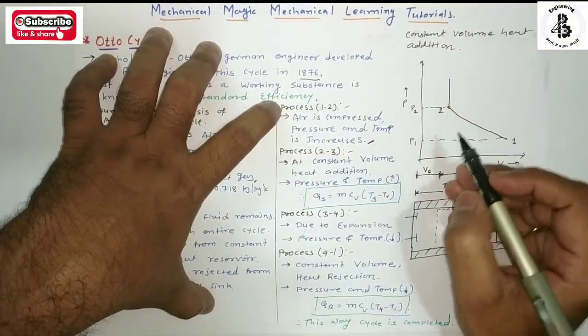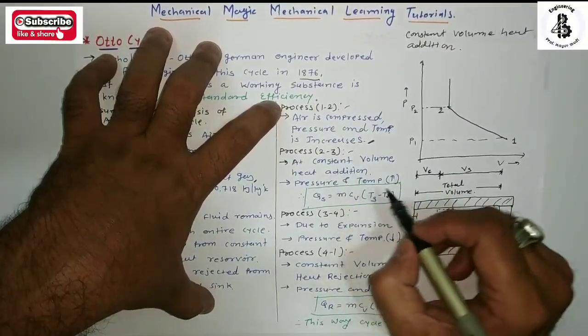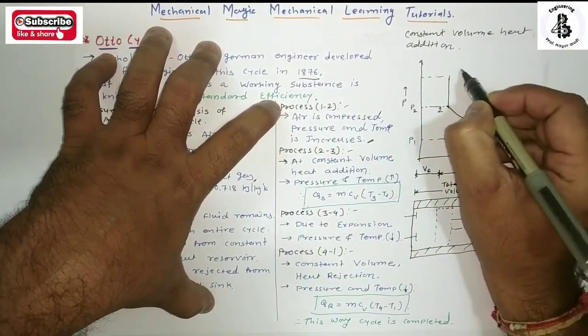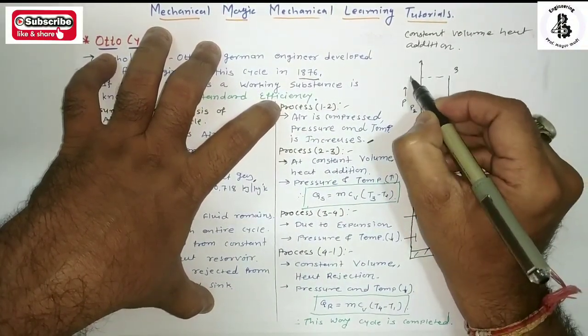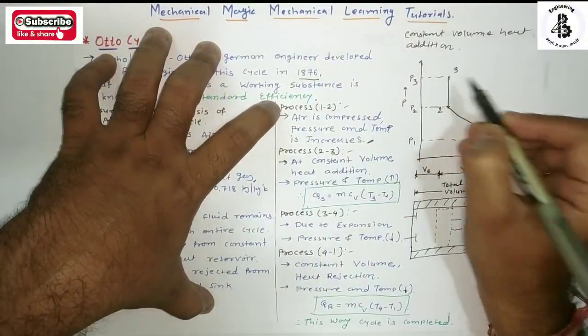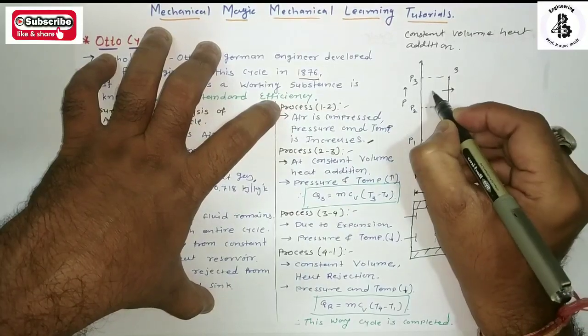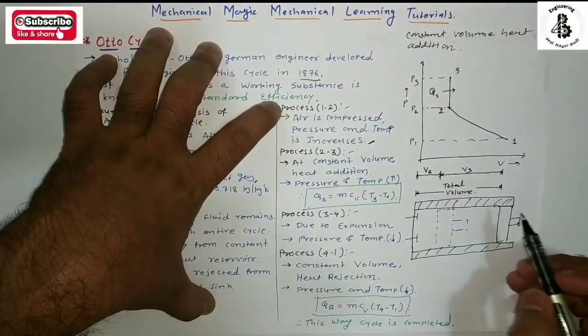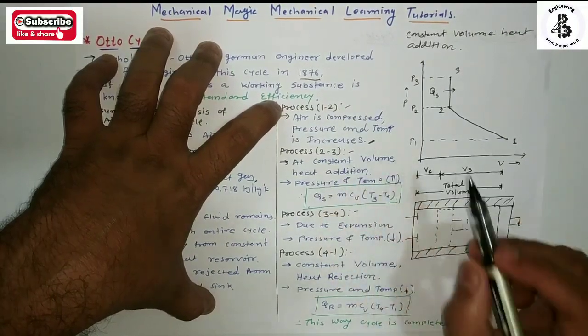So at constant volume, through the heat addition process 2 to 3, pressure and temperature increase once again up to point number 3. Heat addition means Q supply over here. That is process 2 to 3.